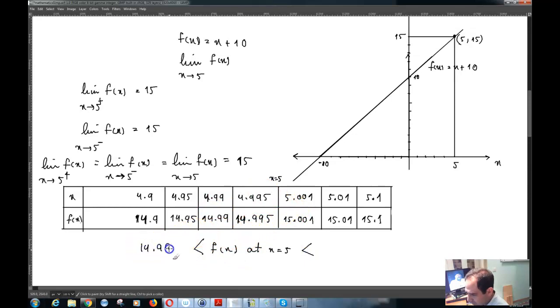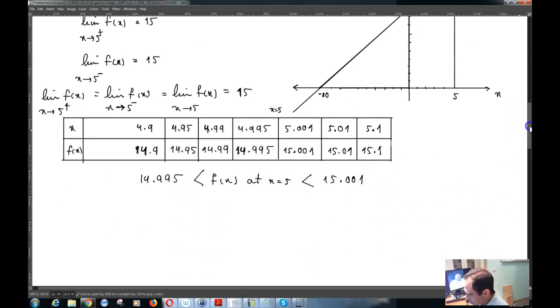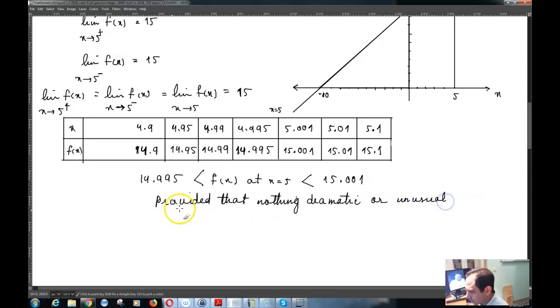I know that the value of f of x at x is equal to 5 is some value between 14.995 and 15.001. Of course, provided that nothing dramatic or unusual happens between x is equal to 4.995 and x is equal to 5.001.